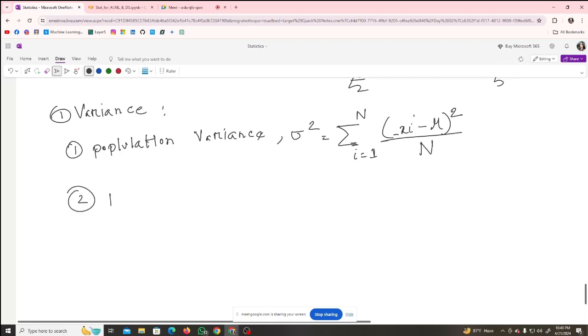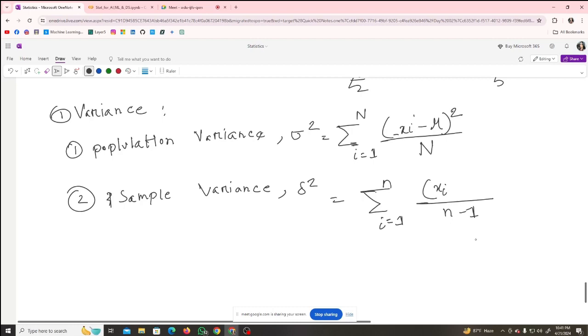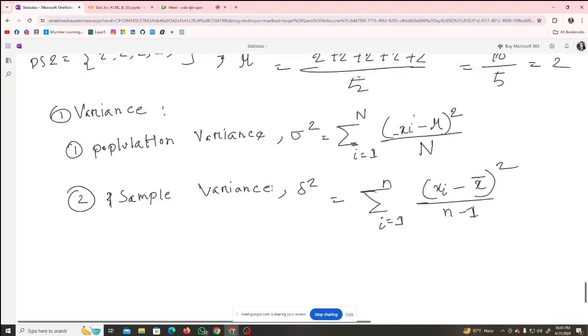And then sample variance, which is divided by n minus 1, of each data point of the data set minus the mean of that data set. This is the formula for variance.